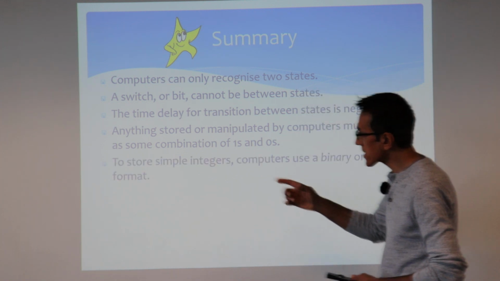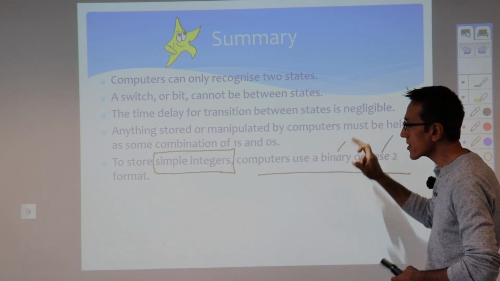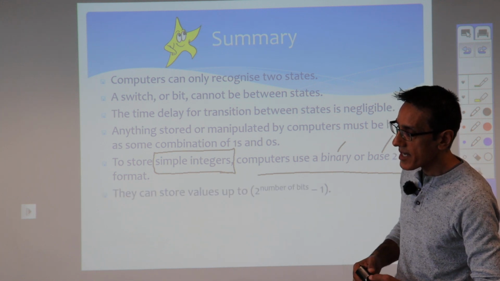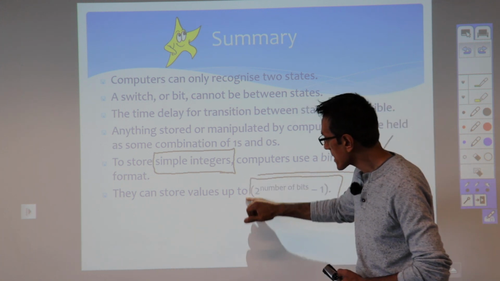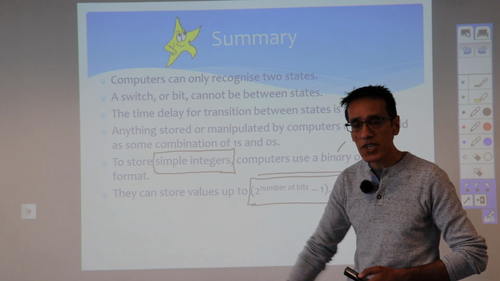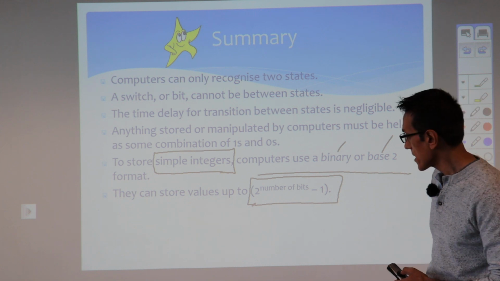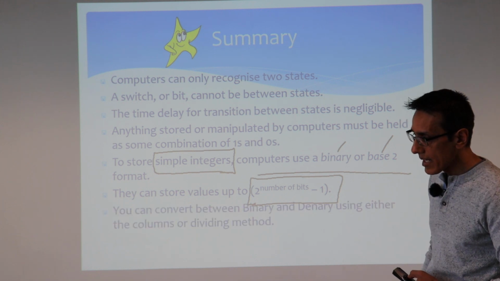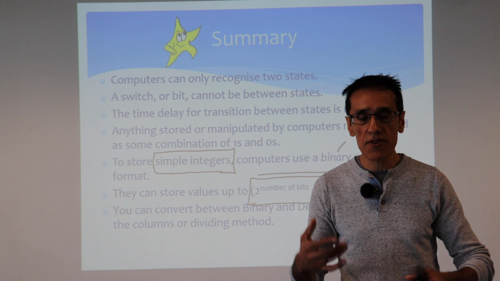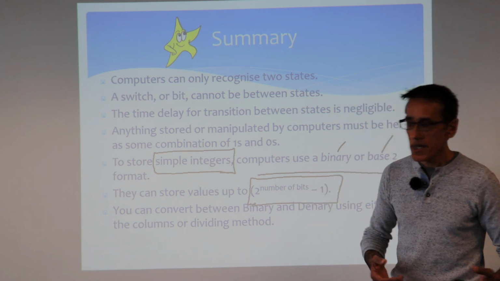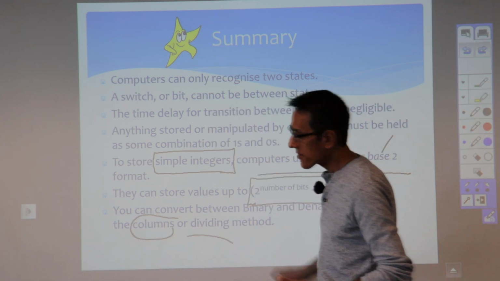So to store these simple integer numbers, computers use binary or base 2 format. And they can store values up to, depending on the number of bits that the manufacturer has built into that computer, a maximum of 2 to the power of that number of bits minus 1. We can convert numbers from base 10 to binary or from binary to base 10 using either the columns method or the dividing method.